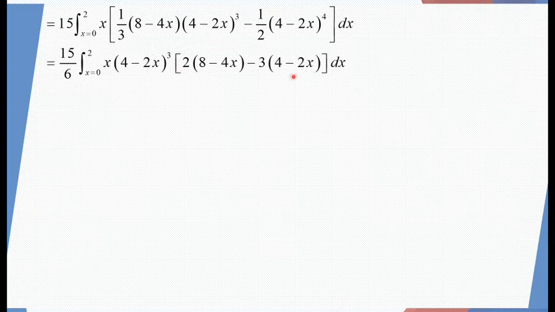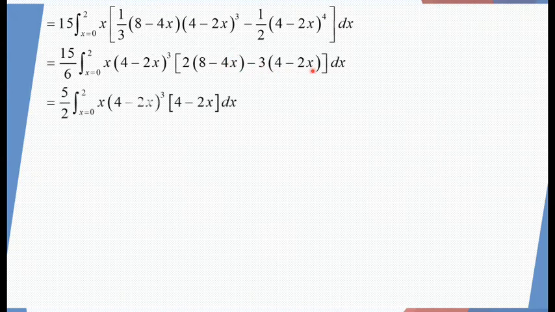So 8 twos are 16 minus 4 threes is 12, so it will be 4, and minus 8x plus 6x, so it will be minus 2x. So it is again (4 minus 2x), so it will be x into (4 minus 2x) power 4 dx.